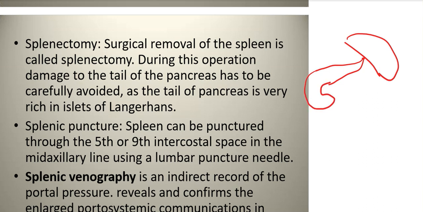So in the procedure of splenectomy, it is important to know the position of the tail of pancreas, because if the tail of pancreas is damaged, it could lead to damage of islets of Langerhans, because the tail is rich in islets of Langerhans.